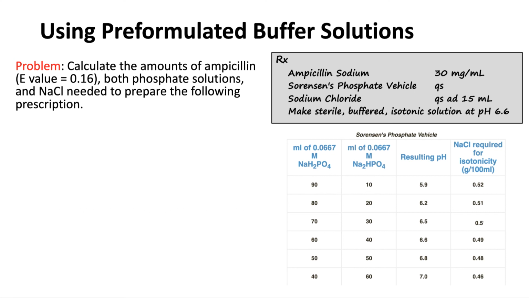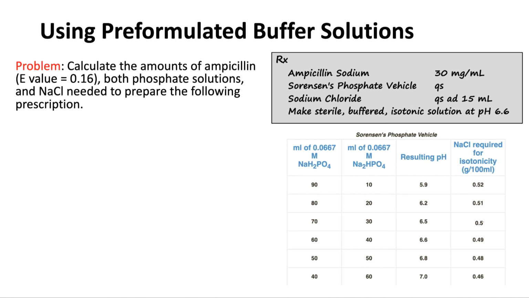So if we use this table and go over to the third column, and keep in mind that what we're wanting to compound is an ophthalmic solution that has a final pH of 6.6. So in the third column, let's go down till we see the pH value of 6.6. Then go to the left of that value, and it shows us that to get a pH of 6.6, you need to use 60 milliliters of the monobasic sodium phosphate in combination with 40 milliliters of the dibasic sodium phosphate.